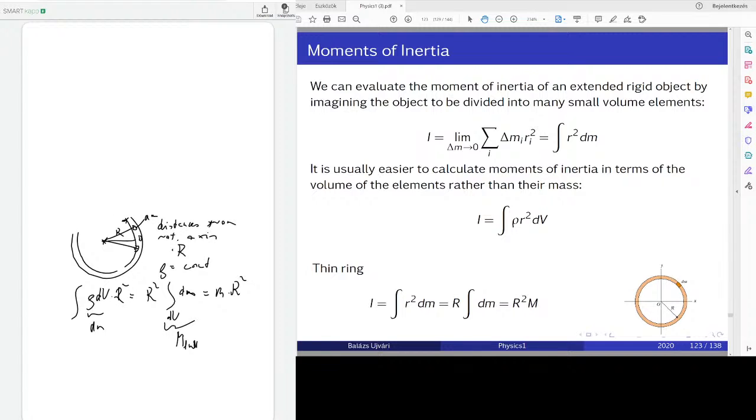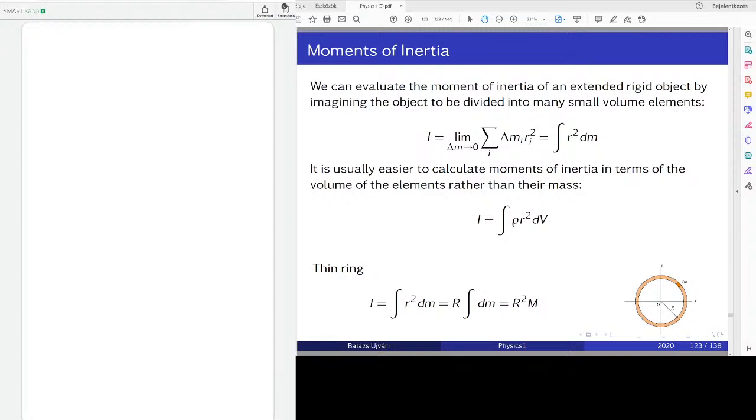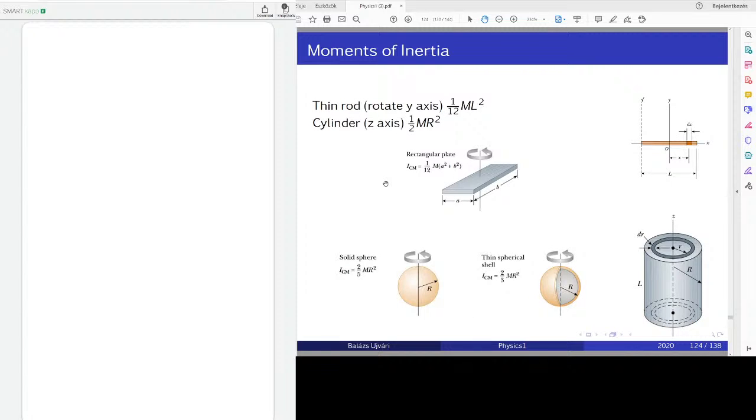As we calculated for this thin ring, you can believe me, it's also possible to calculate it for other mathematical objects.